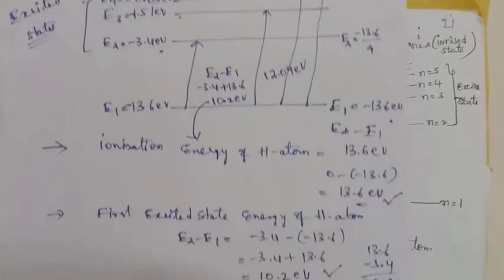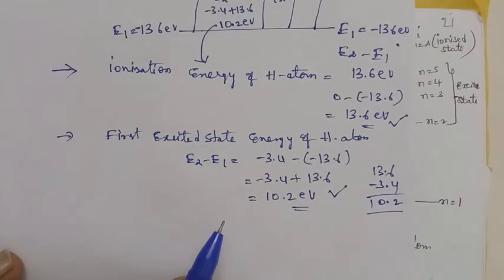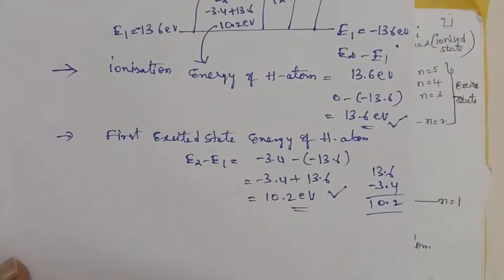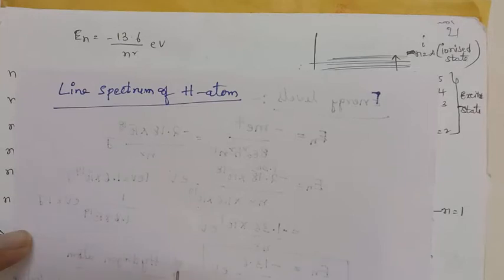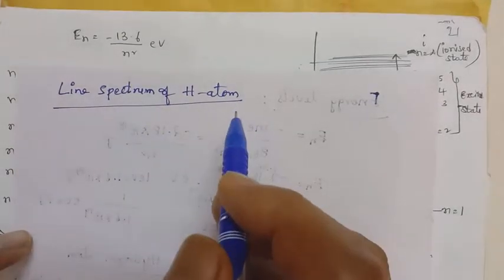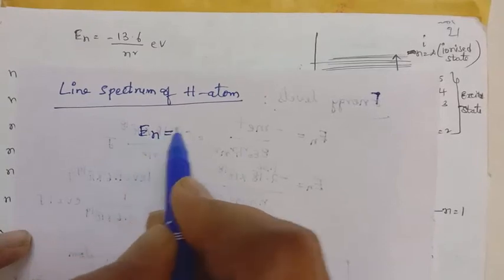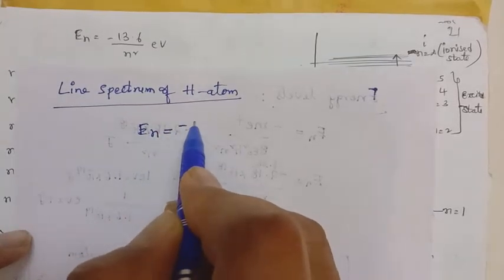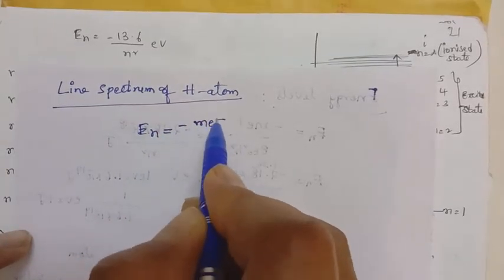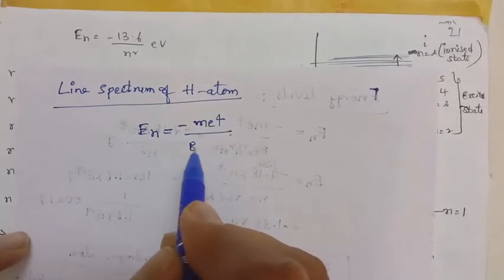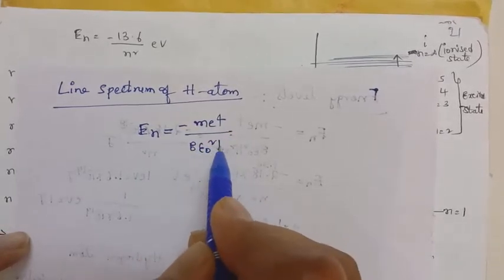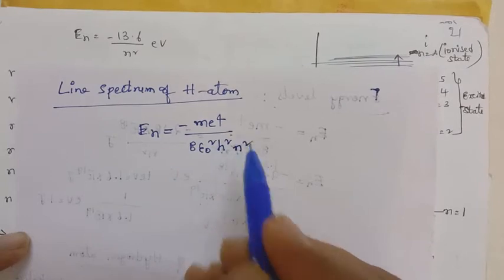And next we will go for the line spectrum of the hydrogen atom. What is the energy value? En is equal to minus m e to the power 4 upon 8 epsilon naught square h square n square.